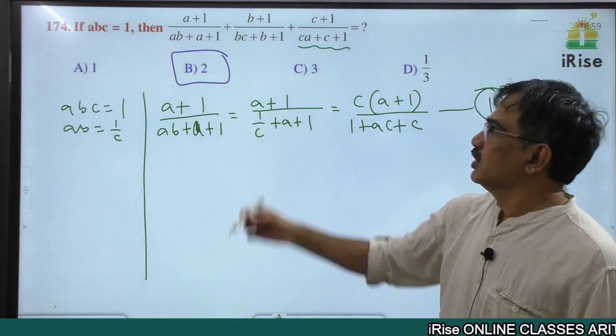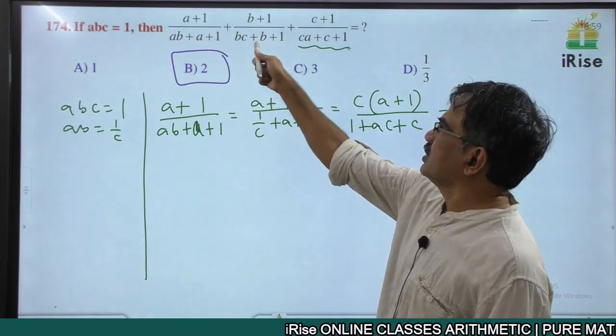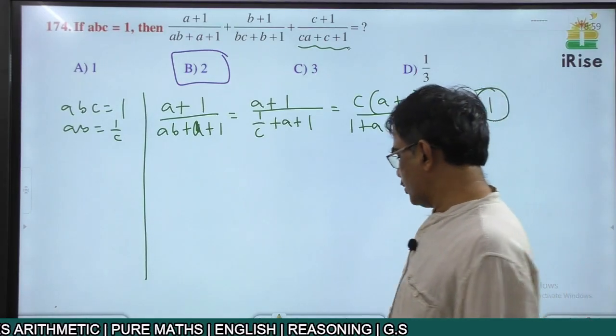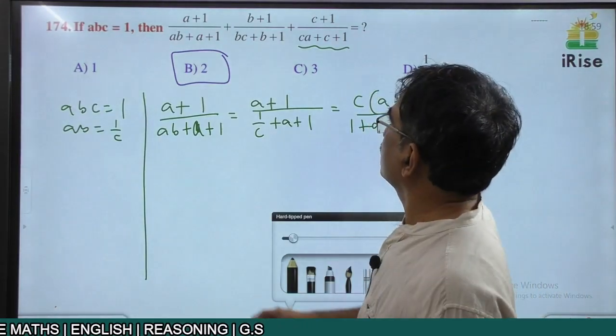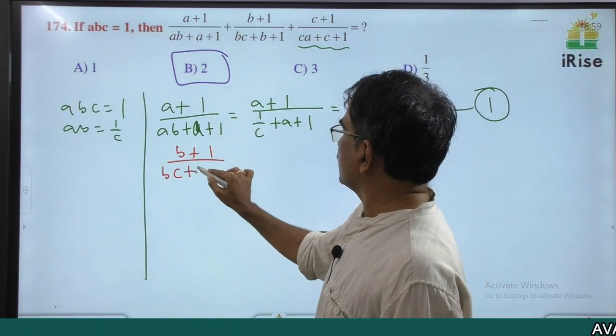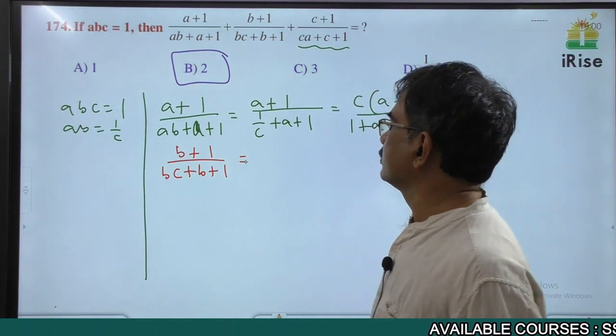So I want to convert this denominator into this form. Second part, B plus 1 by BC plus B plus 1.